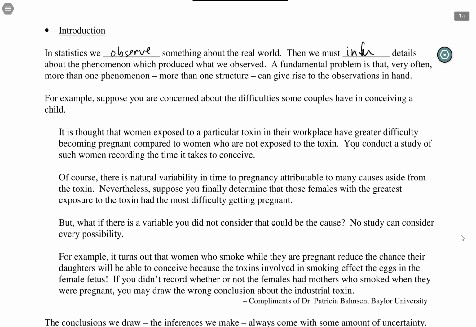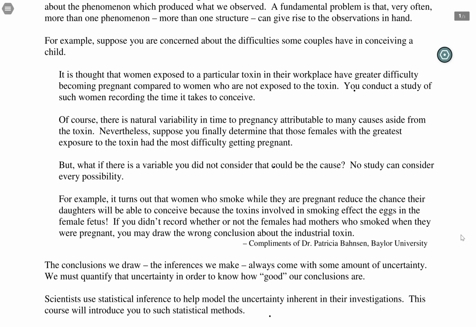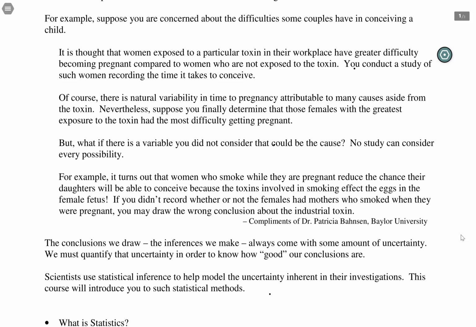So a common problem for a married couple is the difficulty in conceiving a child. And so in part of this bigger problem, a sub-study might be to look at a particular toxin in a workplace that might have an effect on women becoming pregnant.